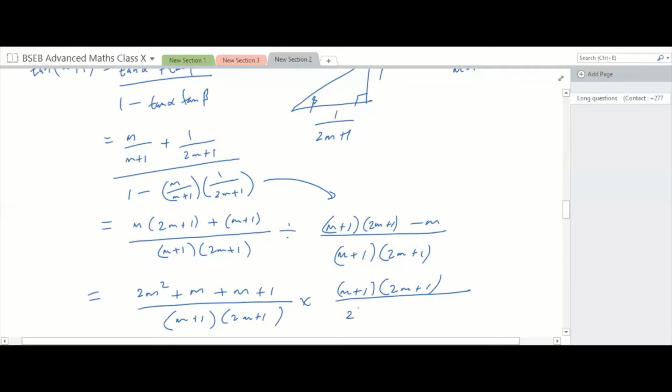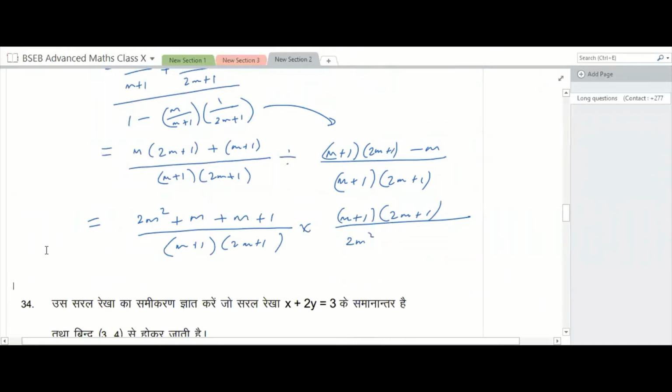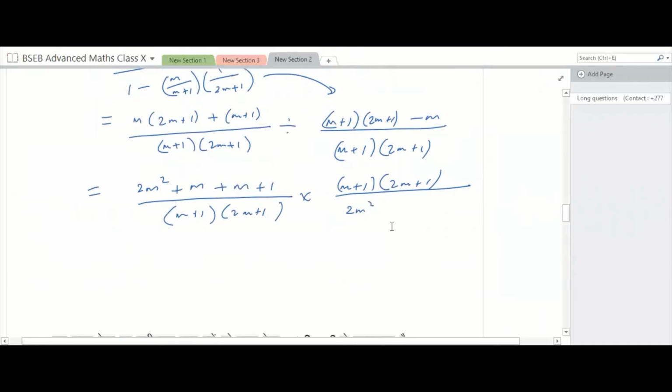2m squared over 2m squared plus 3m plus 3m plus 1 minus m. You can see that, and that cancels out.